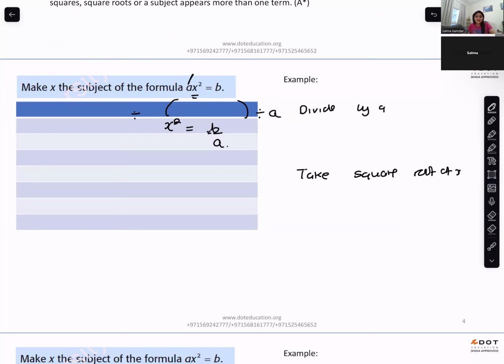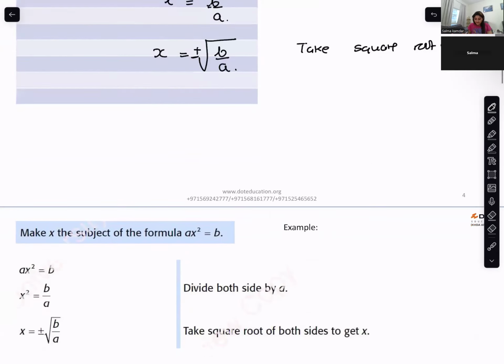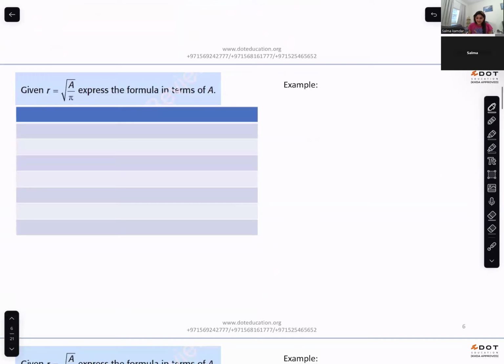Because X is squared and I want X single, I will take the square root of both the sides to get X. So if I'm taking the square root, my X is going to be equal to, don't forget this plus or minus sign, plus or minus root of B by A. Okay, this is how you do it.